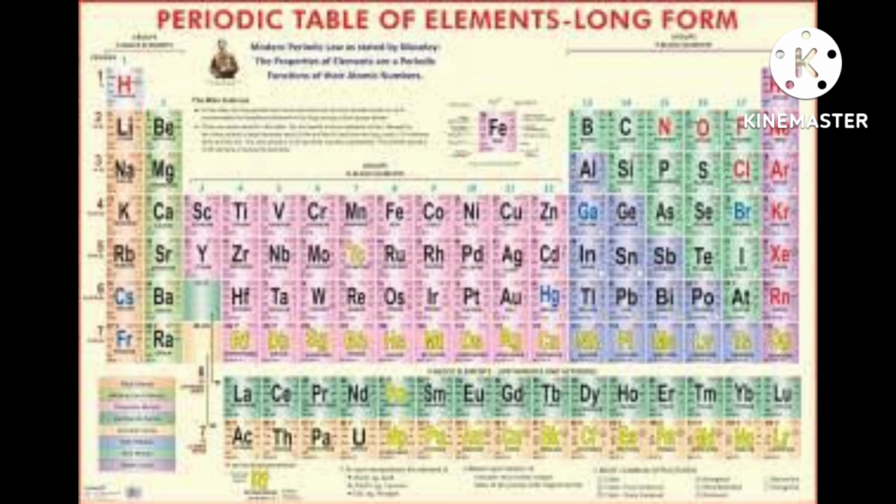Now I have discussed these things about the periods. In this long form of the periodic table, the 14 elements of both the 6th and 7th periods, that is the lanthanides and actinides respectively, are placed in separate panels at the bottom.